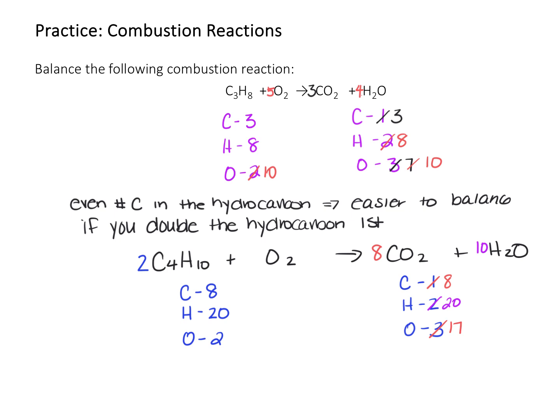But again, I've messed with my oxygens. So 8 times 2 is 16 plus 10. That gives me 26 oxygens on that side. So now to balance my oxygens, I have to come over here and do a 13 in front of the O2, and that will give me 26.